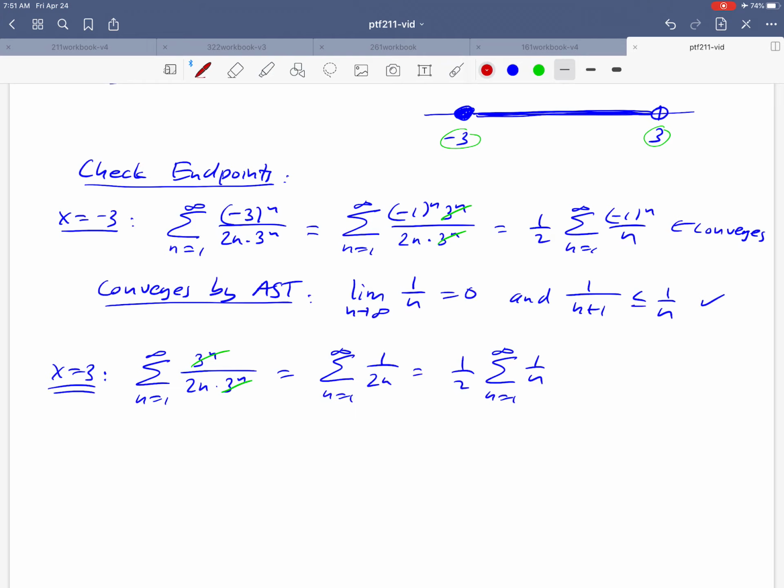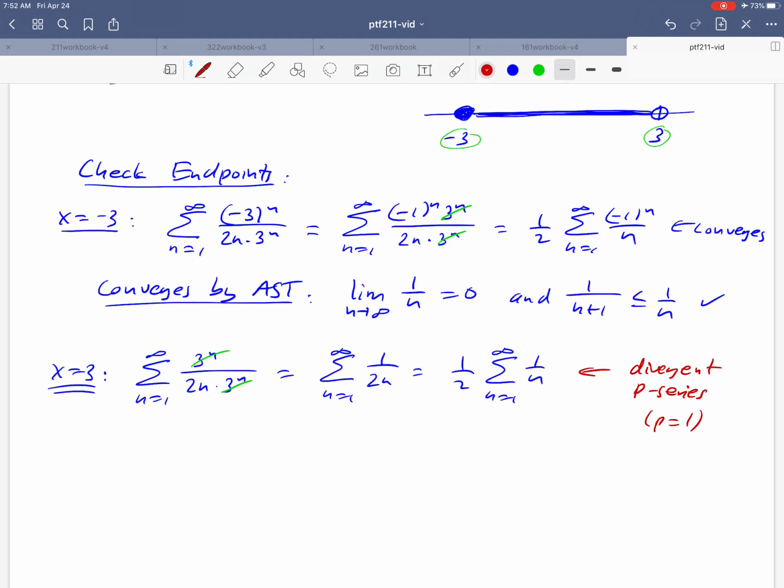Do you recognize what kind of series that is? That's a p-series with p equals 1, and it diverges, because p is less than or equal to 1.